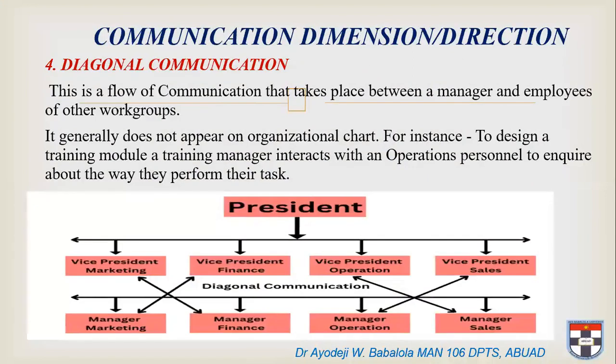So let's go back to diagonal communication, which is the fourth type of communication dimension or direction. When communication flow is between a manager and employees of other work groups, that is diagonal communication. Like I said the other time, when a production worker communicates with the quality control manager, that is diagonal.